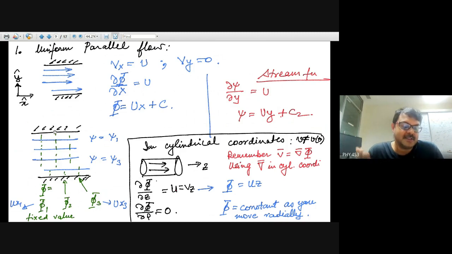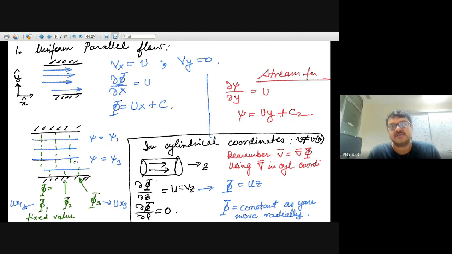It will be equipotential, if you like, along this direction. But along the x direction, it is going to have different values. Phi3 here would be ux3. So phi is changing in this direction. And of course, if you take the gradient, you will get the velocity field. So that's the velocity potential.